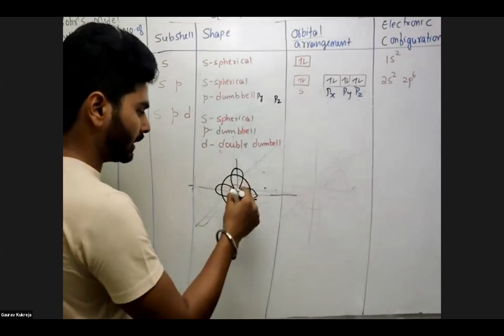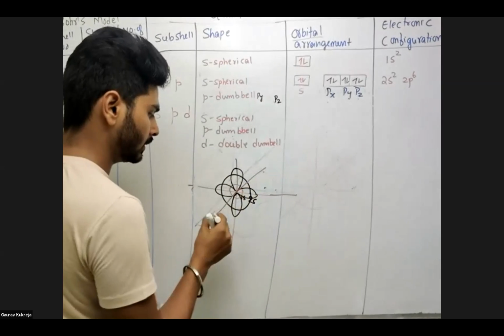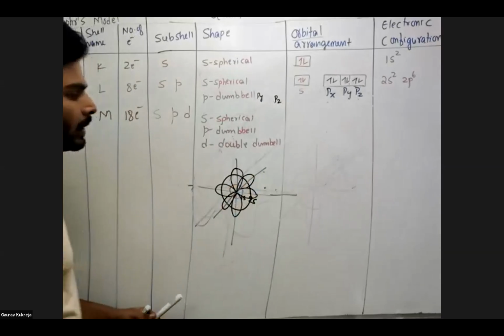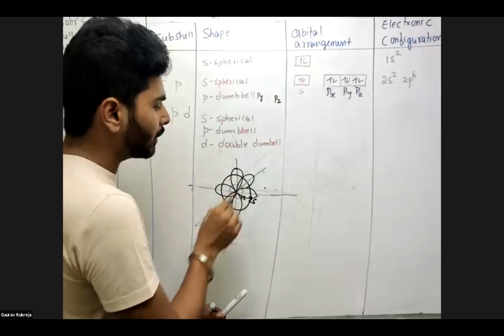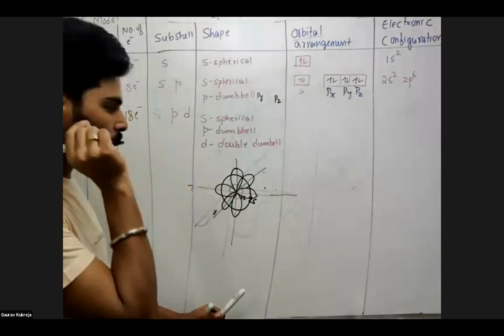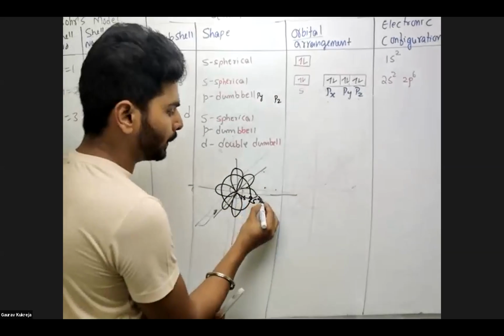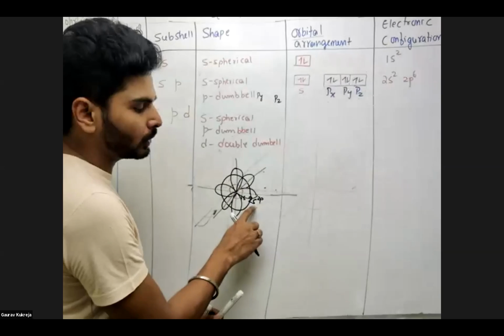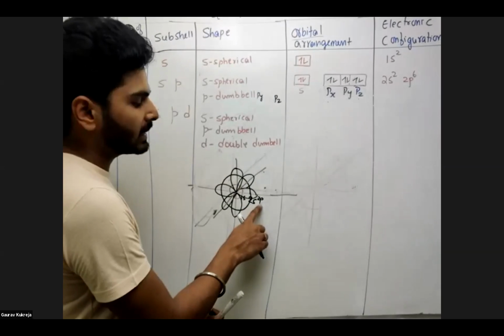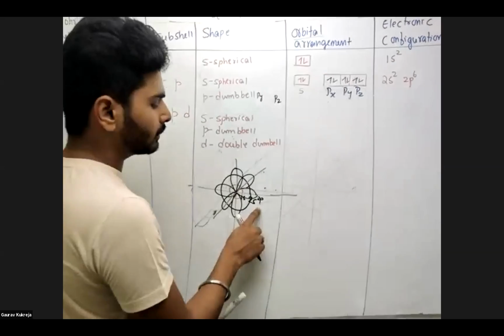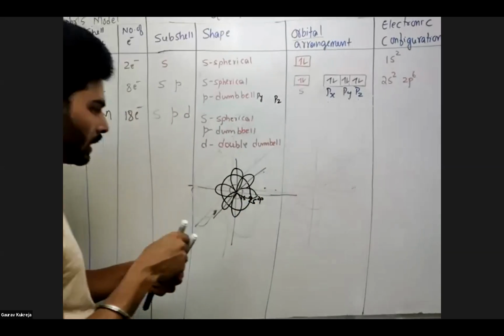There are 3 axes. Remember, dumbbell manner means the electron will revolve in a dumbbell shape. So I'll call it 2p. After filling 2 electrons in 1s, another 2 in 2s, another 6 in 2p, in total we have filled 10 electrons.